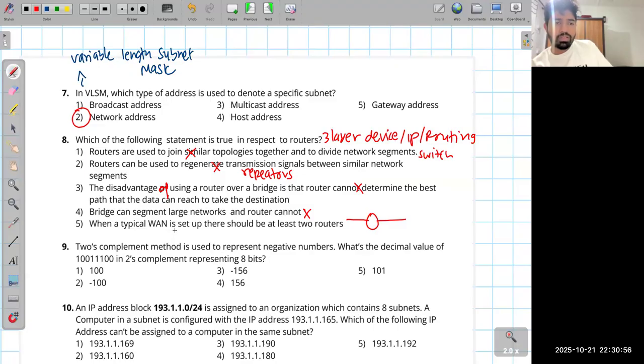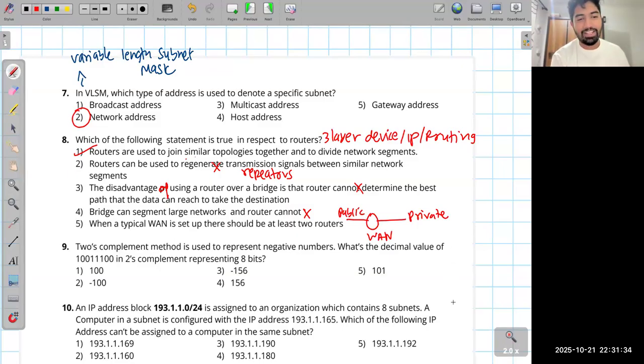No, different networks. Routers are used to join similar topologies together and to divide network segments. Yeah, I didn't read the full part, sorry. When a typical WAN is connected, there should be at least two routers? No, one router to connect the private network and the public network, you don't need more. So the answer is one. Join similar topologies together and to divide network segments.